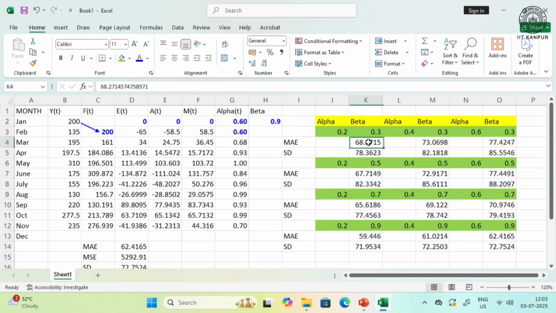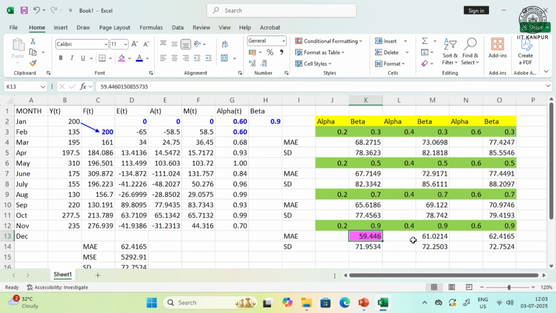Now, let us see some interesting thing. If I check the minimum value for the combination of 0.2 alpha and 0.3 beta, the mean absolute error and standard deviation is this. The minimum value I find would be 68, 67, 65, 59. So, for alpha 0.2, the minimum value is here, which I will mark with, for example, pink color.